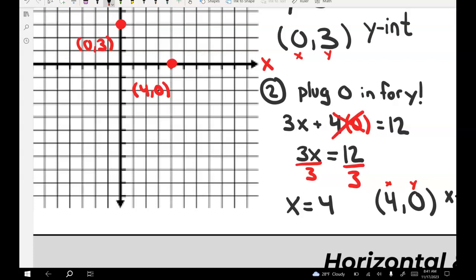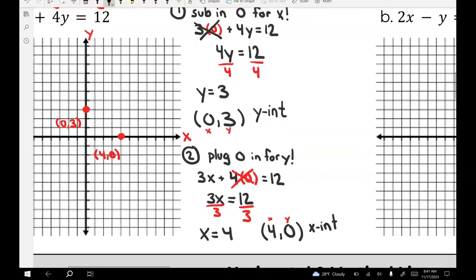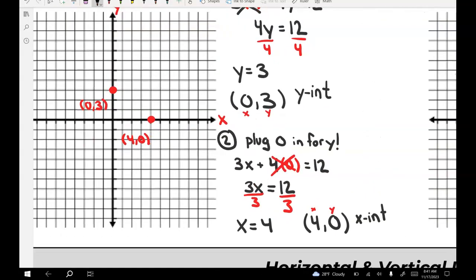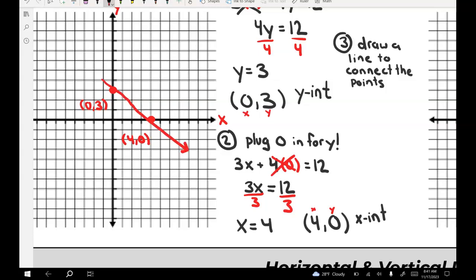And if we want to put step 3 in there, we would say draw a line to connect the points. And we want it to be linear. So we're just going to try to make as straight of a line as we can.